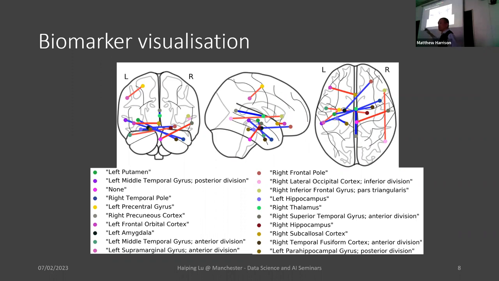That's more like traditional statistical analysis, and we can highlight to the domain experts that by maximizing the prediction accuracy, we found those features contribute the most to the prediction. And so this can help us to understand how the classifier works, how the prediction is done, and then we can do follow-up studies based on that. So this is our biomarker visualization to highlight the brain connectivity features that contribute the most to accurate prediction.